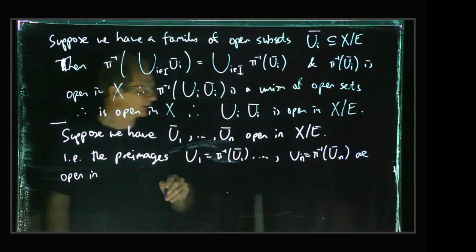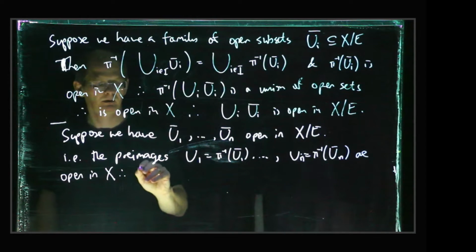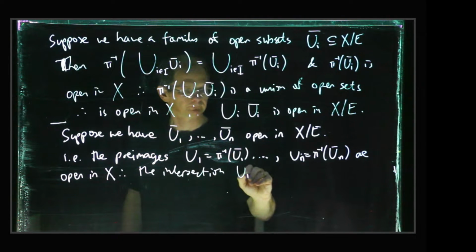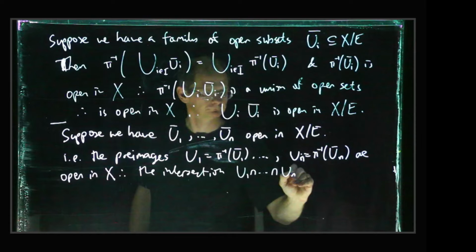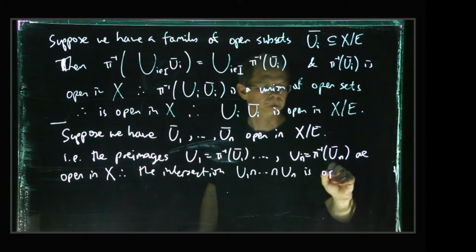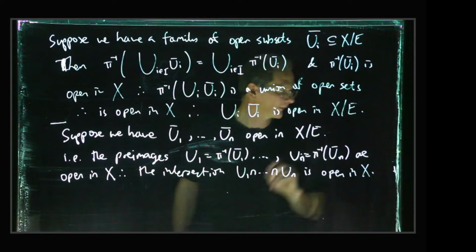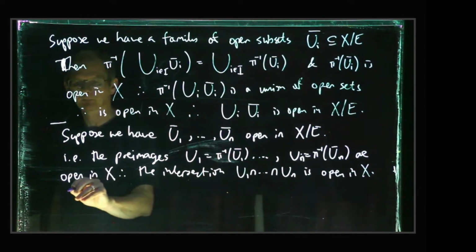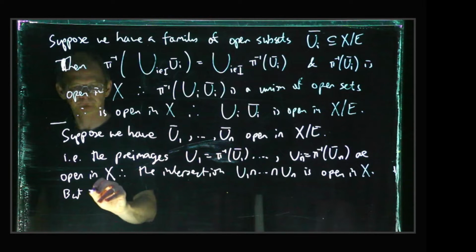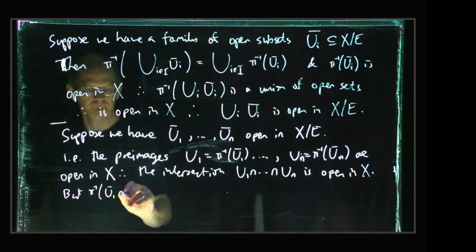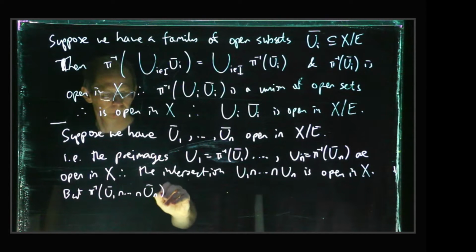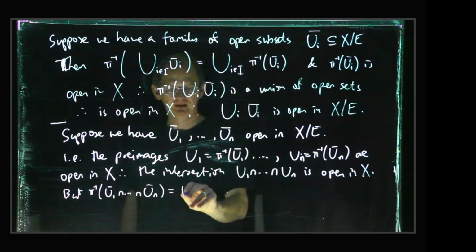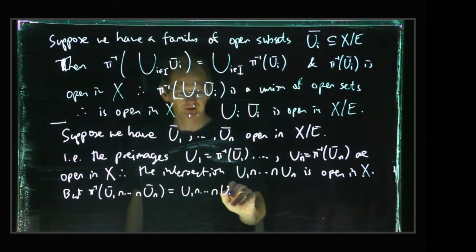So these are all going to be open in X. So the intersection U_1 up to U_n is again open in X. But if we take the preimage of the intersection of the U_i bars, that's the same thing as the intersection of these U_i.